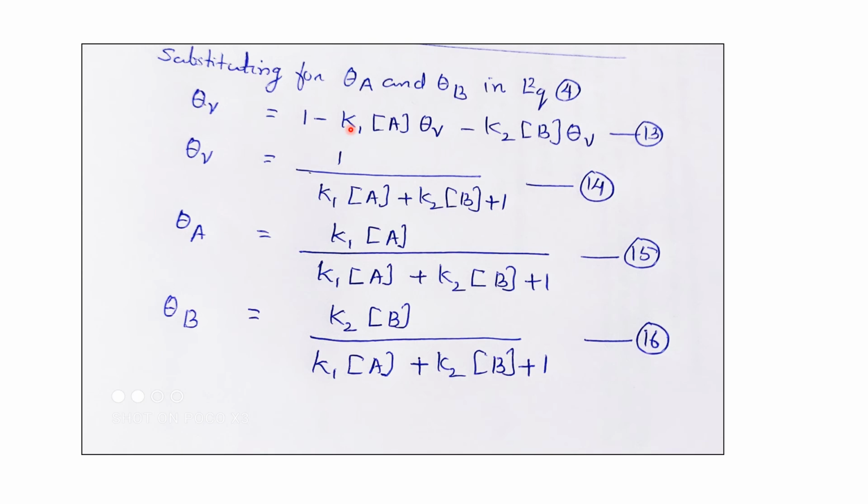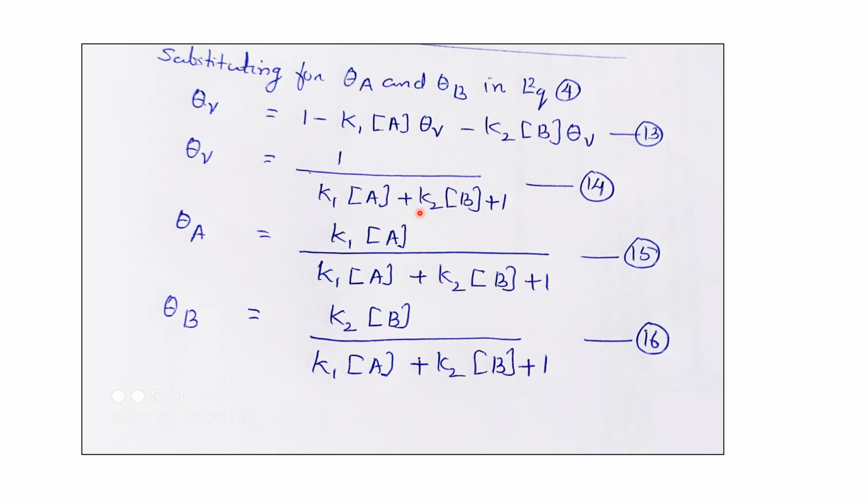Dividing by theta v, theta v by theta v is 1, that is 1 by theta v is equal to 1 plus K1 concentration of A plus K2 concentration of B. Therefore, theta v is equal to 1 by (K1A plus K2B plus 1).